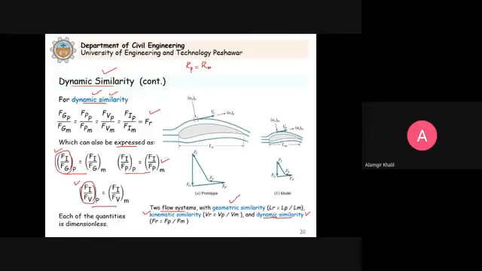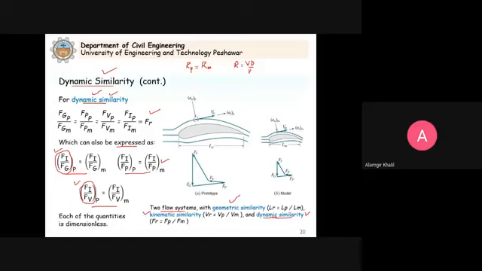Now, this does not mean that everything is equal. We already studied that the Reynolds number in case of pipe flow is equal to velocity times the diameter divided by the kinematic viscosity nu, or rho V d by mu.